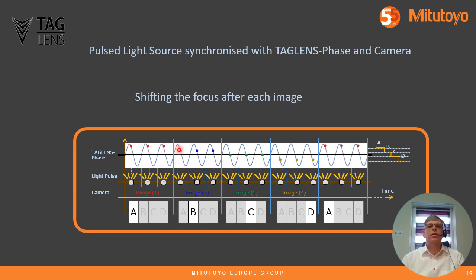And for another camera image, we shift our pulse to a different point in the TAG lens phase where we have a different layer in focus, in this case B. And then we can do this also with another camera frame to another position and continuously. Up to 20 is possible. Here 4 are shown. And then switch back to A and so on.